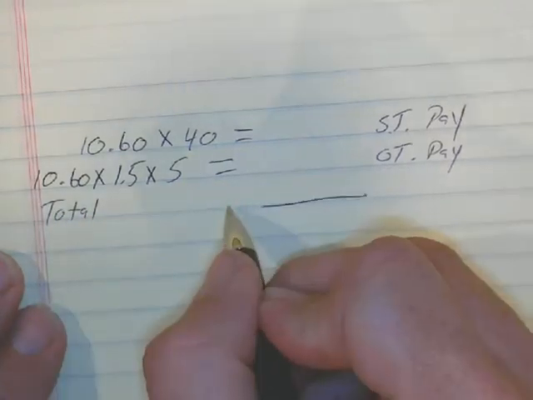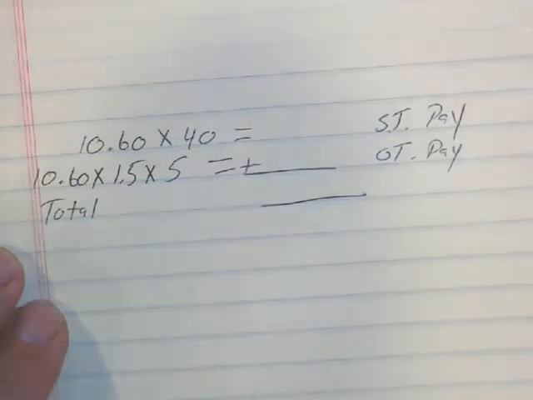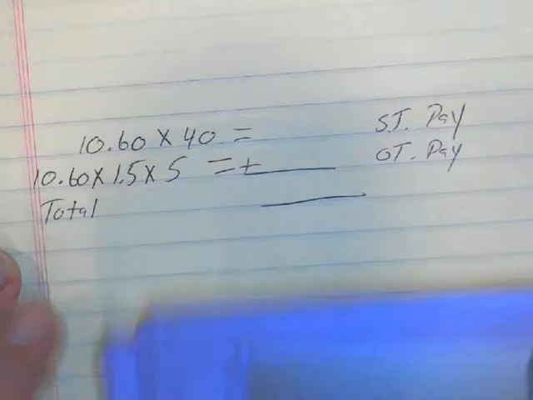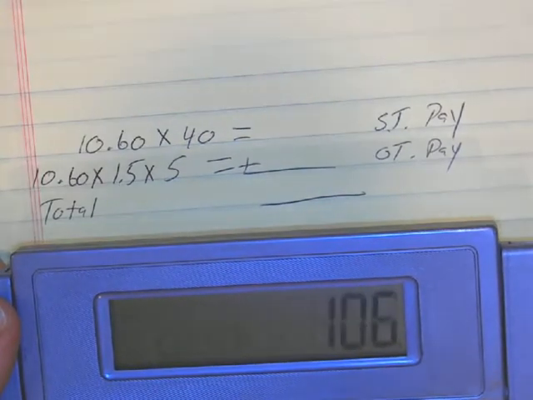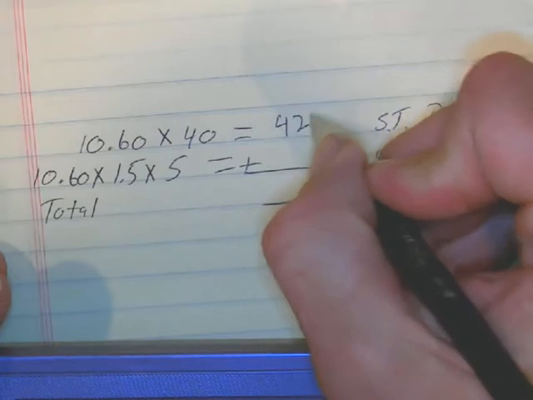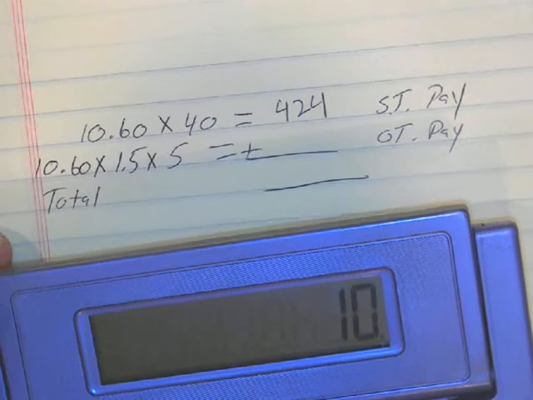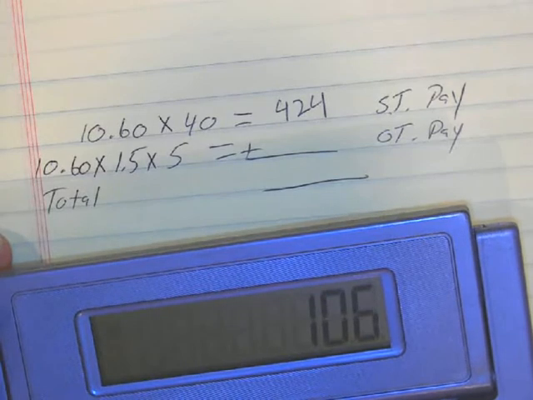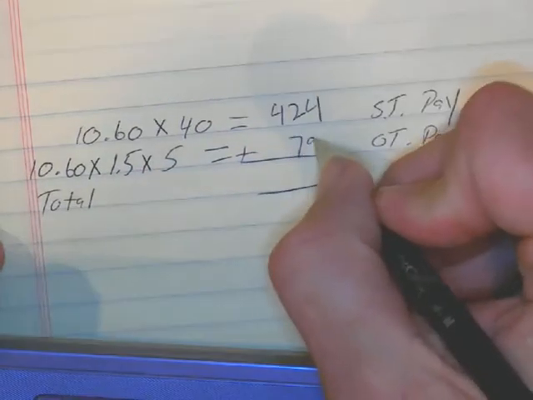His overtime pay is going to be $10.60 times 1.5 times the 5 hours that the book tells us he worked overtime. Sorry about that, I ran off the screen a little bit. And that's going to be his overtime pay. And his total pay is just going to be the sum of these two.